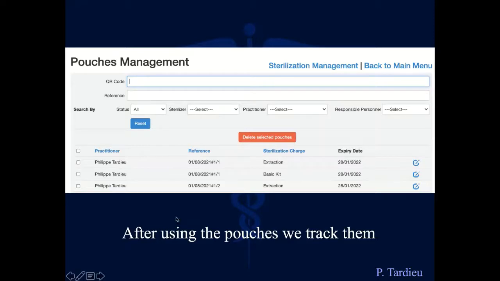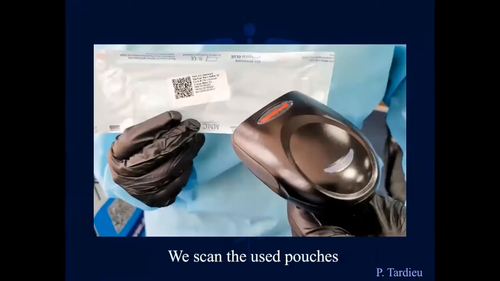So after using the pouches, all your pouches are open. You store them in one place, and you are going to link them to a surgery, let's say. How can we do that? All the empty pouches like this, they have this QR code.